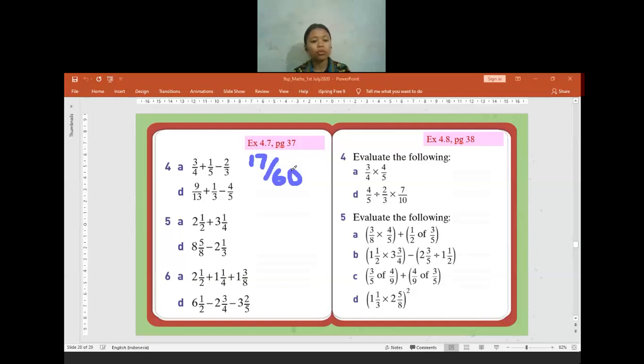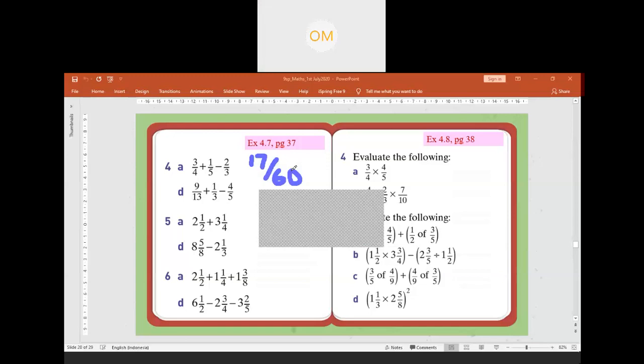Is there anyone who disagrees with this answer? Or has my internet gone? Hello? Teacher. Yes? Is there anyone who disagrees with this answer? Or are all of you agreed with this answer? Yes. Agree?